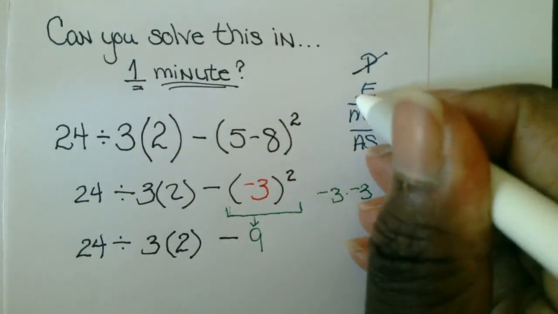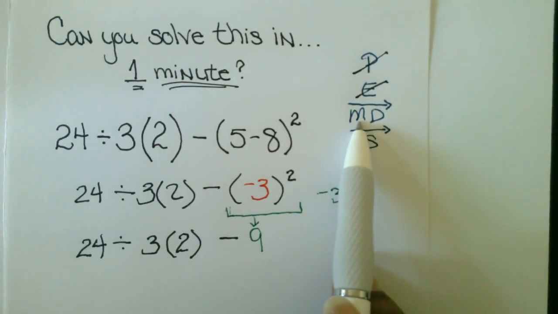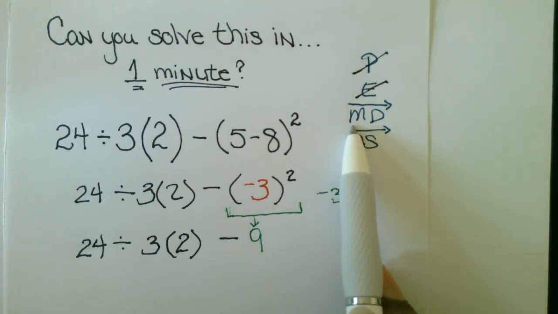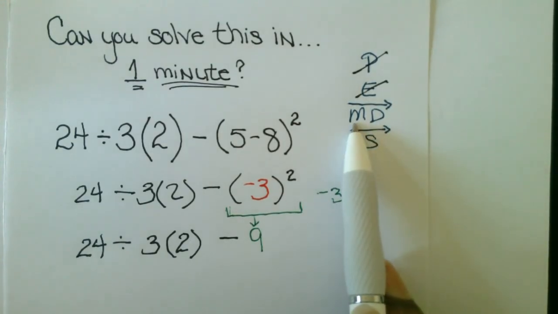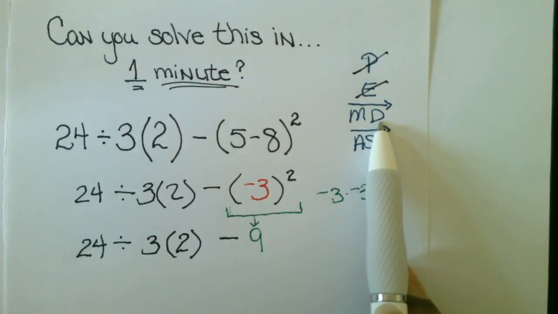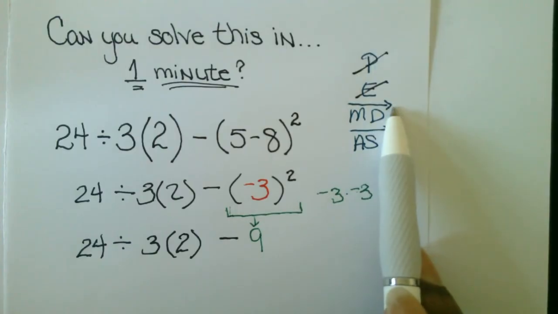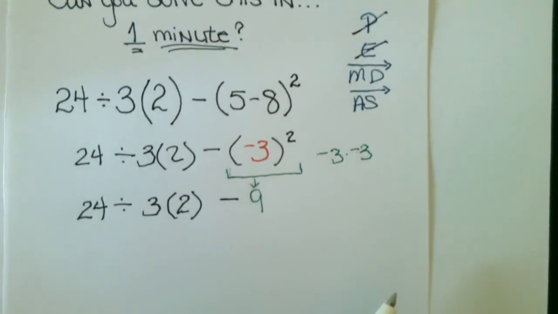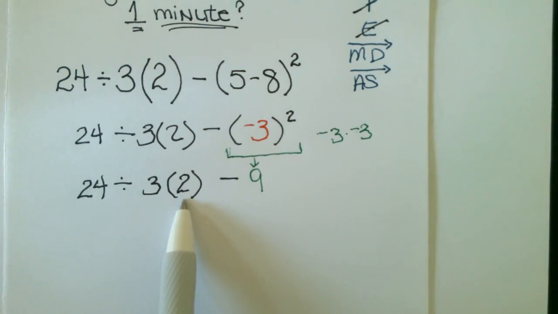So now that we took care of the exponent, this is the key part that usually gets a lot of people. When you're doing multiplication or division, it doesn't give you the straight order because it all depends on what happens from left to right. A lot of people will make their mistake with this one by going ahead and multiplying the 3 times 2.